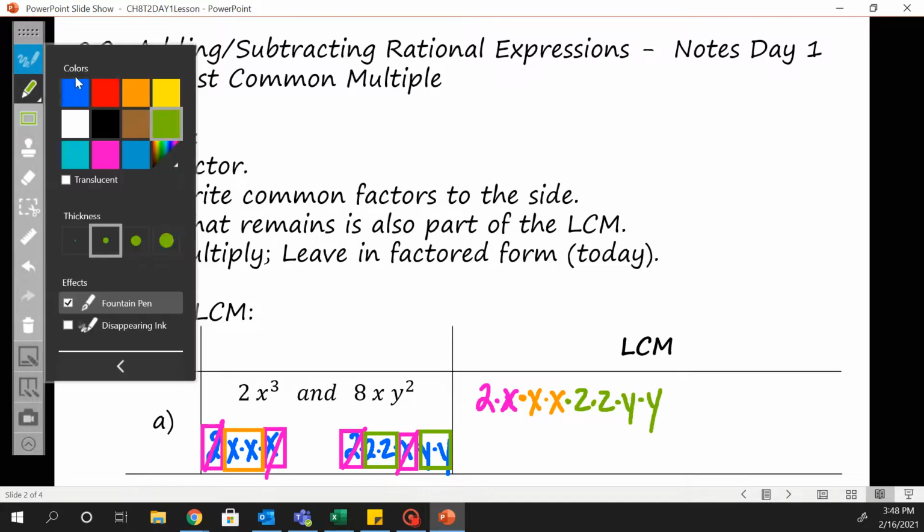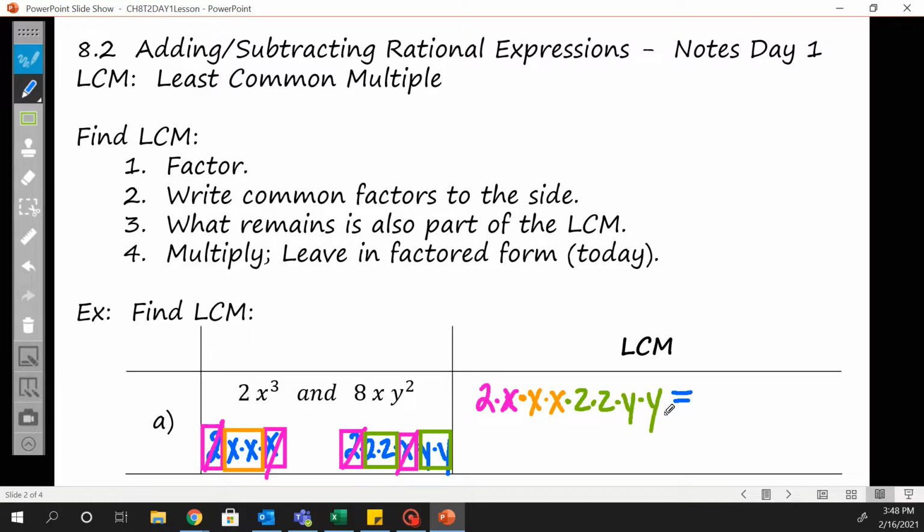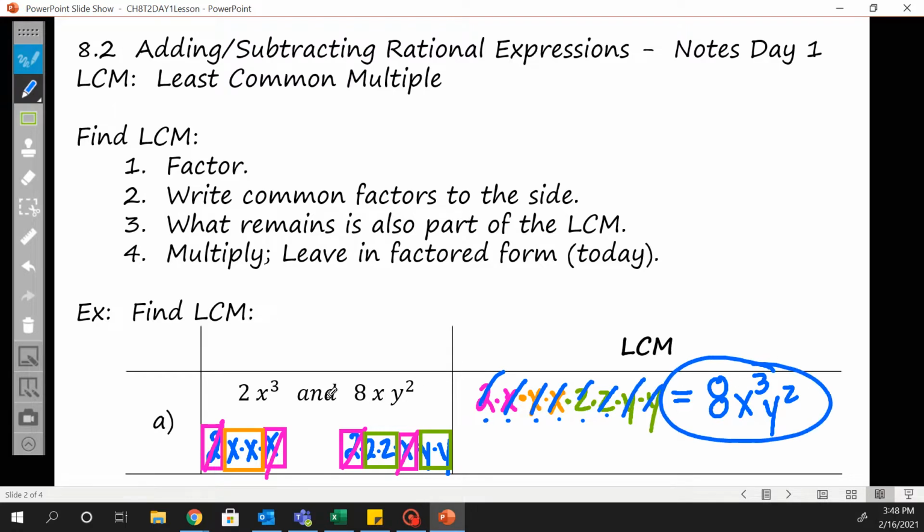So the LCM is going to be all of these together. So 2 times 2 times 2, which is 8. X times x times x, which is x cubed. And y times y, which is y squared. And this is the lowest common multiple of these two right here. Both of these divide into this 8x cubed y squared, and it's the lowest one that they both divide into.